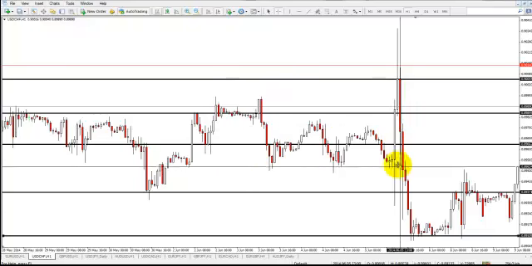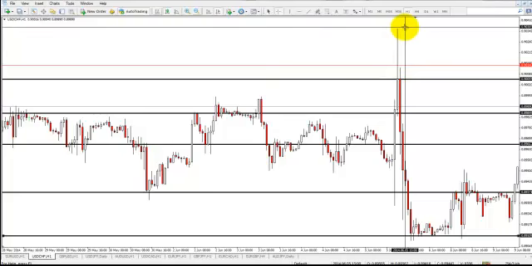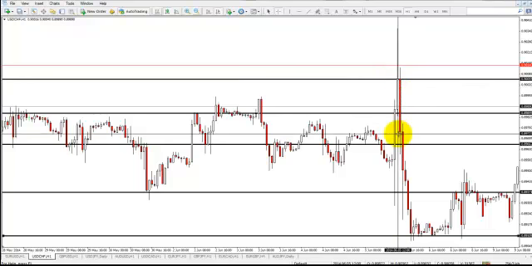But look at these levels. Here again, guys, a great example of where people would just think that this thing is going to continue going upwards, and it is tempting to get in. Then we have a smaller spike right here, and then we engulf here.